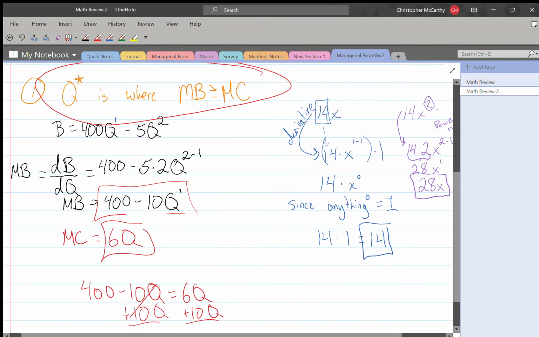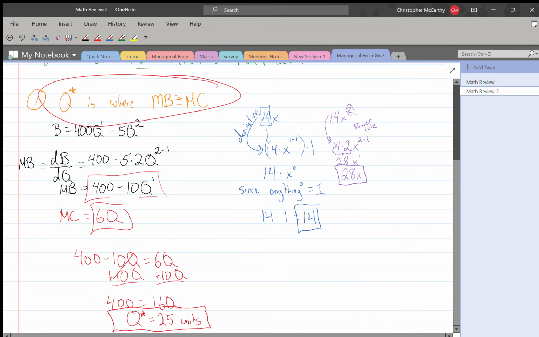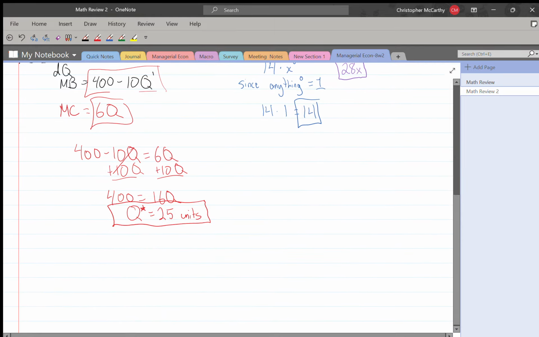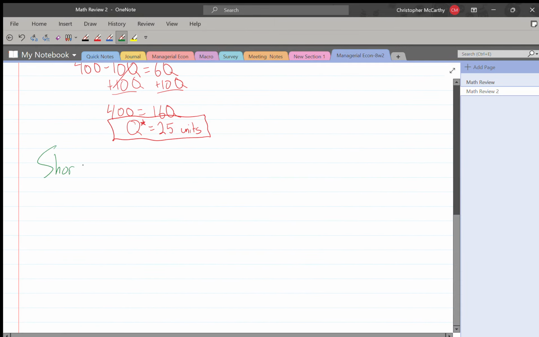So I told you that there were two ways that we could do this. Well, also I told you that there was a shortcut. So here's the shortcut, if you don't like any of the algebra stuff, or the calculus stuff rather. If the benefit equation, we're going to use some more algebraic terms to represent stuff.